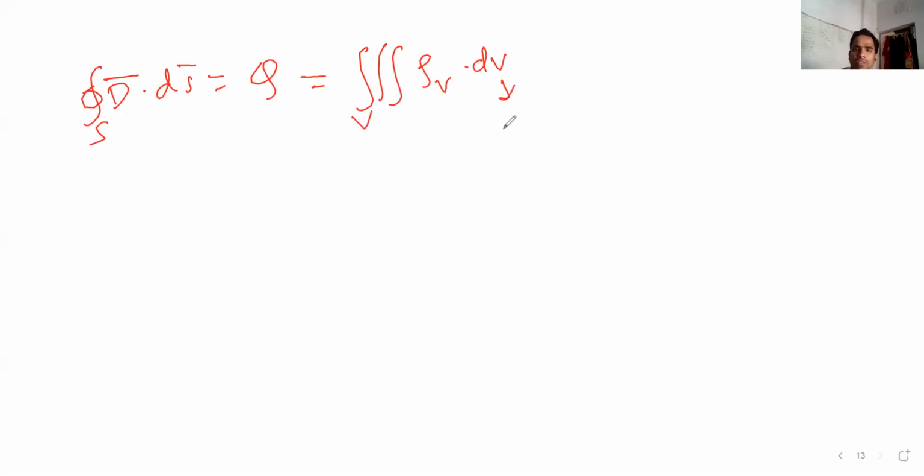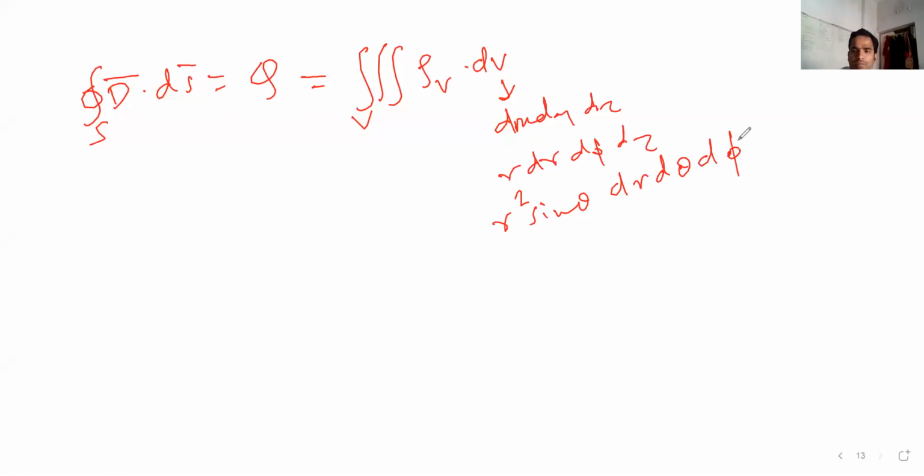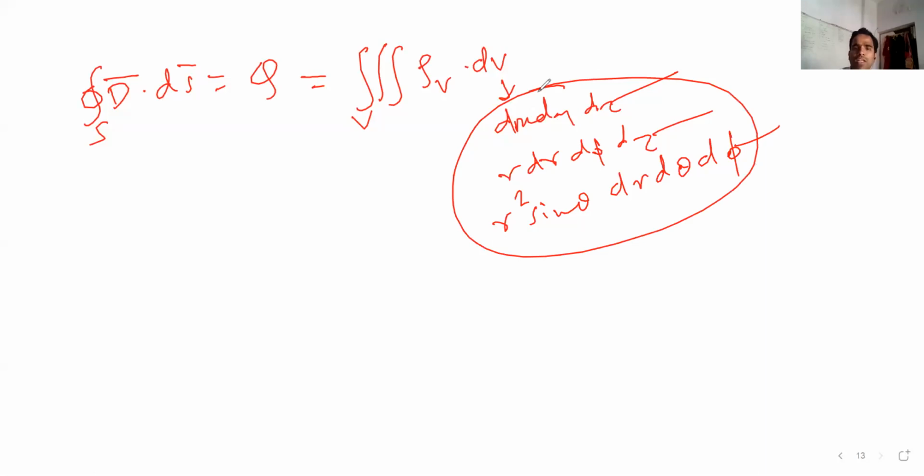So dv becomes dx dy dz, r dr d phi dz, or r squared sine theta dr d theta d phi for the different coordinate systems. You will get these in any book, even local books. So this is the divergence theorem.